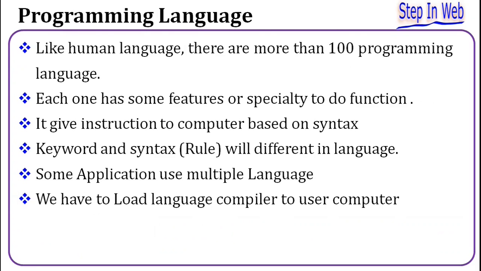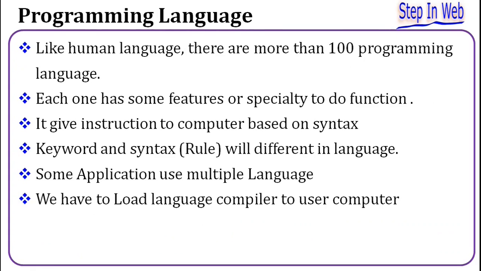Some programming languages are used for very accurate calculation, some for business and accounts manipulation, and some for web applications and web page design. Sometimes we mix languages in one application. We may use one or two programming languages according to our requirement.